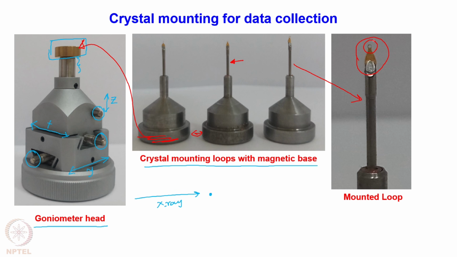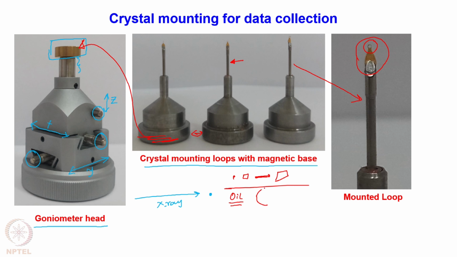So the crystal that we have chosen, which may be of some shape, which may be needle, which may be block, which may be a thin plate, whatever, is mounted on that loop using some very thick oil. That oil uses its surface tension to stick the crystal to that loop.